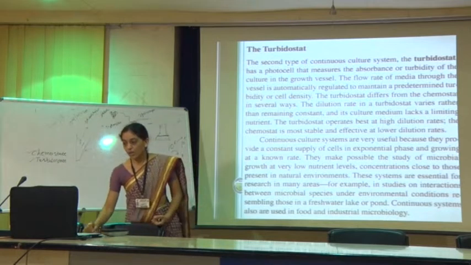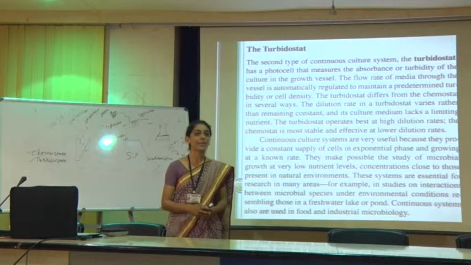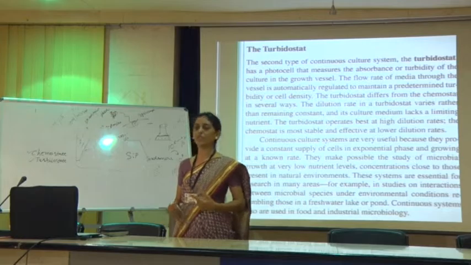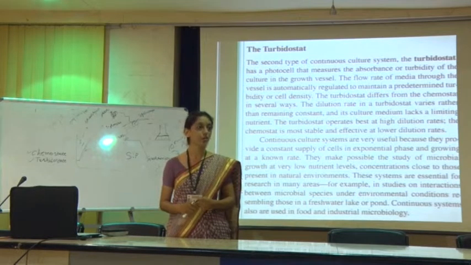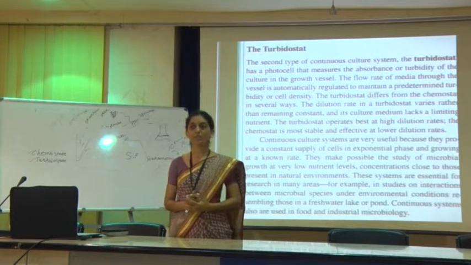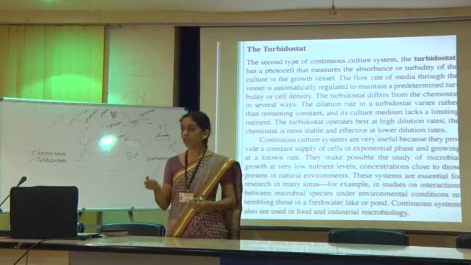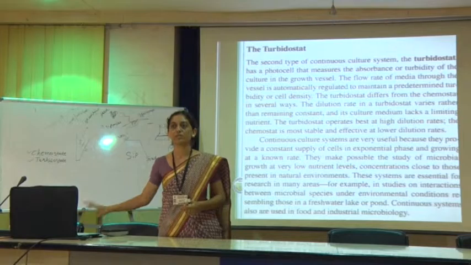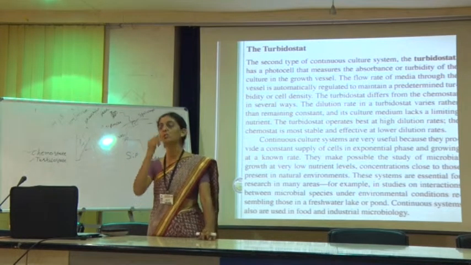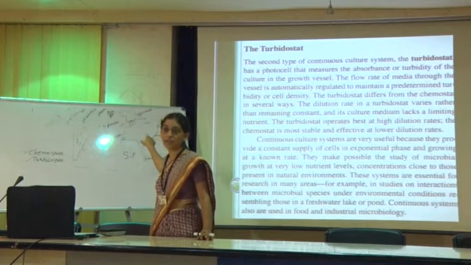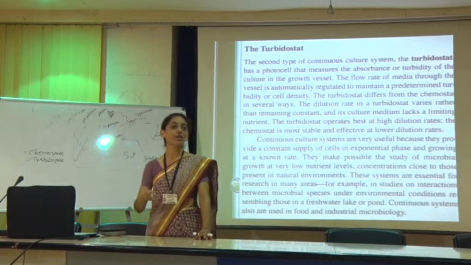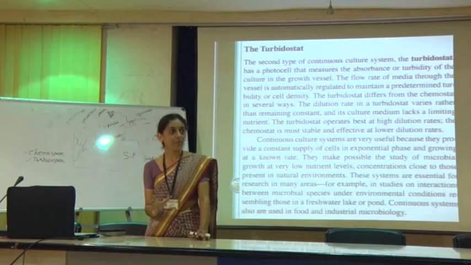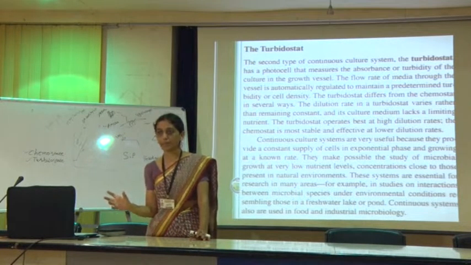Now where these things have been applied in industrial microbiology, in food industries, they are doing all this, right. Now what is the role of a biotechnologist in this, right? Once you understand all these phases, you can give larger production in a shorter time period.